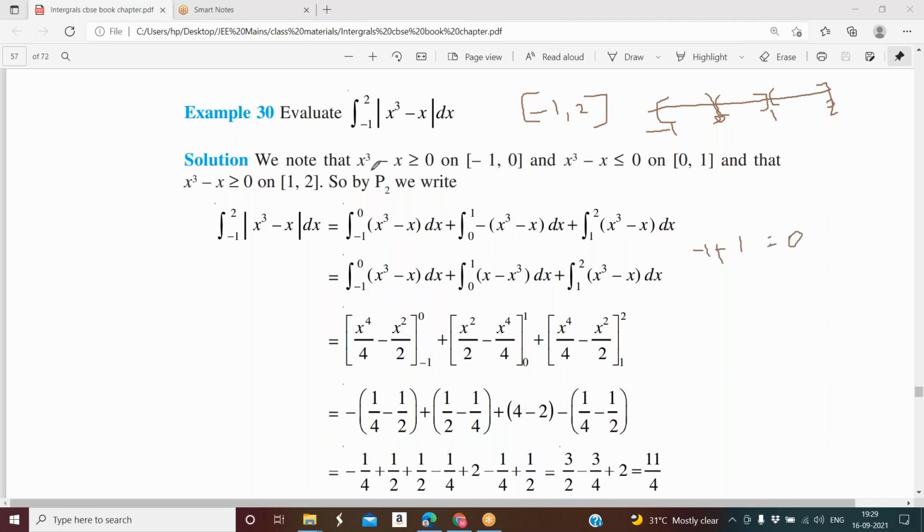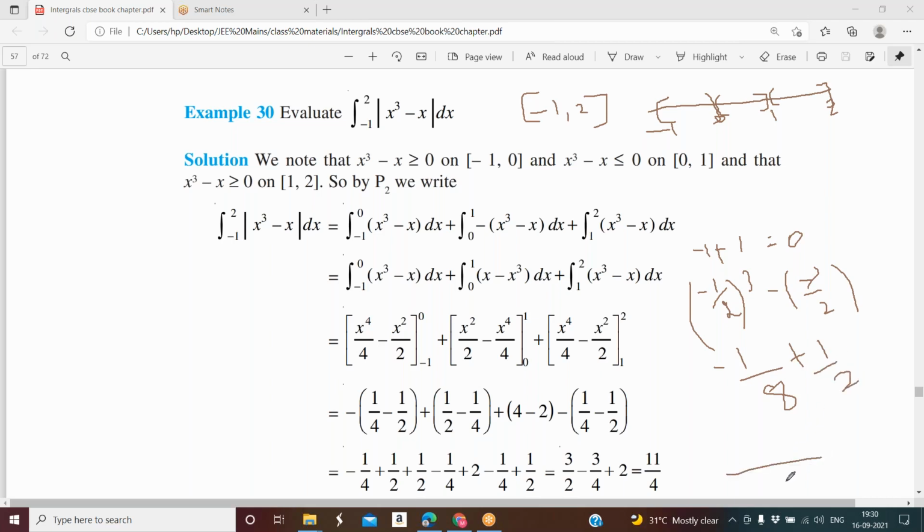Here I have substituted x equal to minus 1. Now I'm going to substitute minus 1 by 2, or minus 0.5, for x. So minus 1 by 2 whole cube, then minus of minus 1 by 2. Minus 1 by 2 whole cube is minus 1 by 8, and minus of minus gives plus 1 by 2.